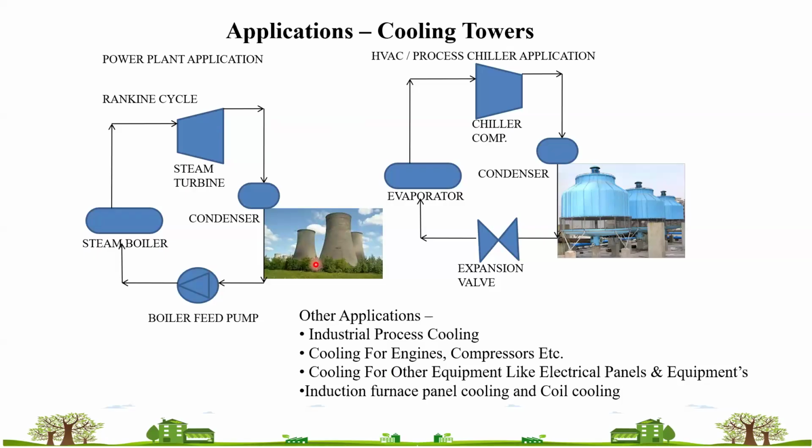That helps in airflow, and natural draft cooling towers are majorly used where water flow is beyond 45,000 meter cube per hour, or larger applications.